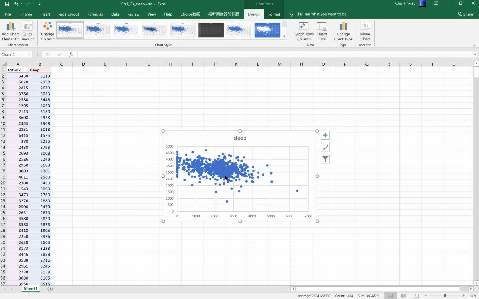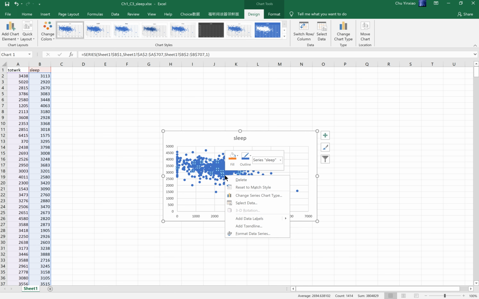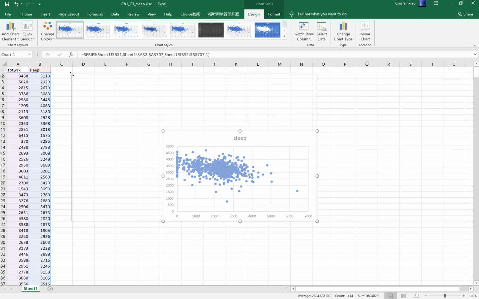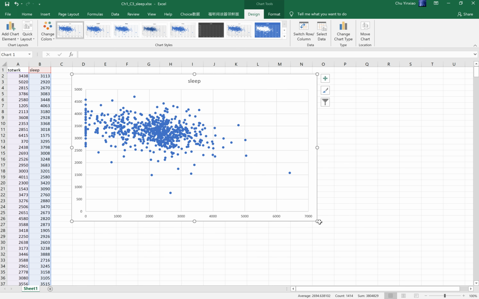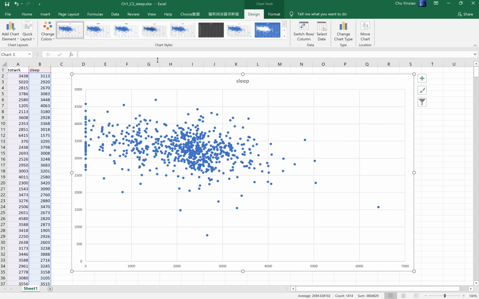Okay, and let me enlarge it. In this graph, there is some sort of trend line. The trend is more clear than in the previous exercise, right?